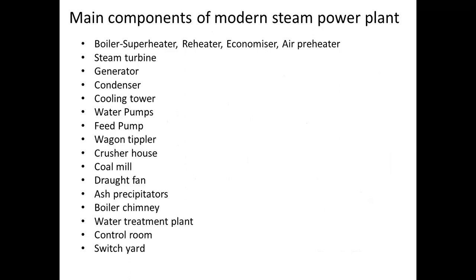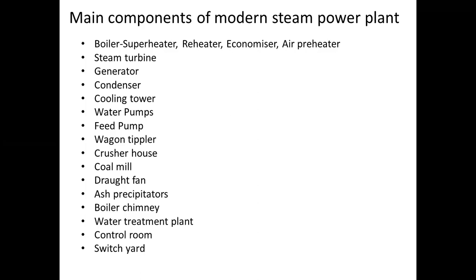The various main components of modern steam power plants are, you can see here: boiler containing superheater, reheater, economizer, air preheater, all the accessories; steam turbine, generator, condenser, cooling tower, water pumps, feed pumps, wagon tippler, crusher house, coal mill, draft fan, ash precipitator, various filters, boiler chimneys, water treatment plant, control room, switchyard.